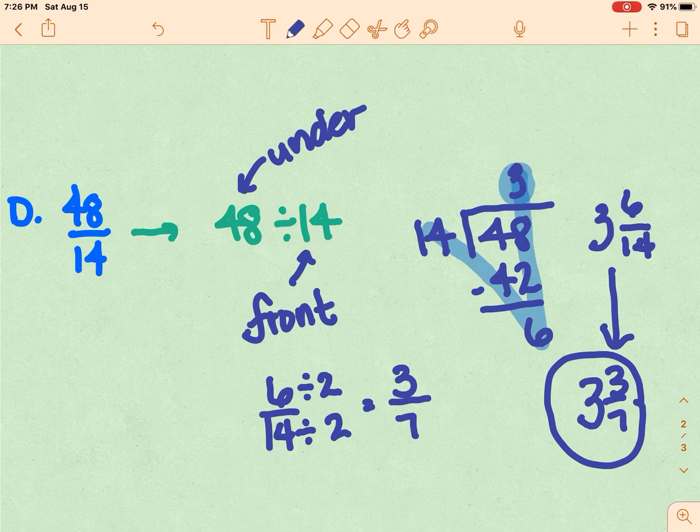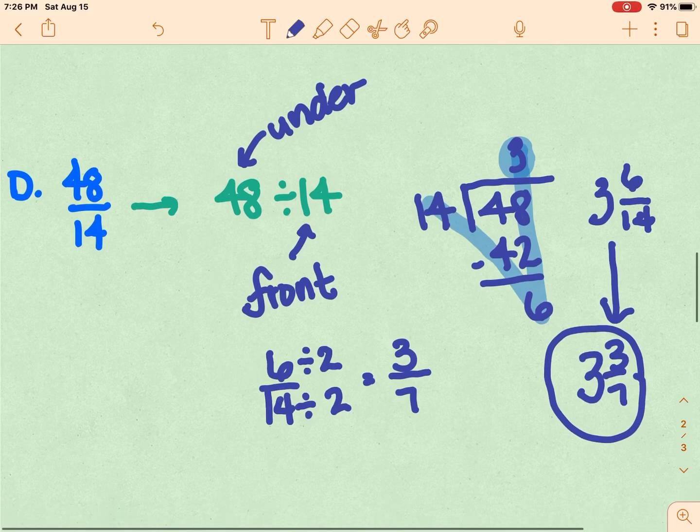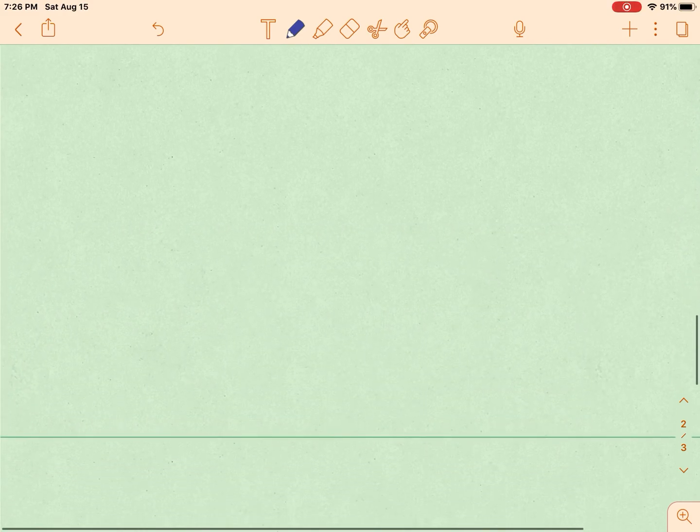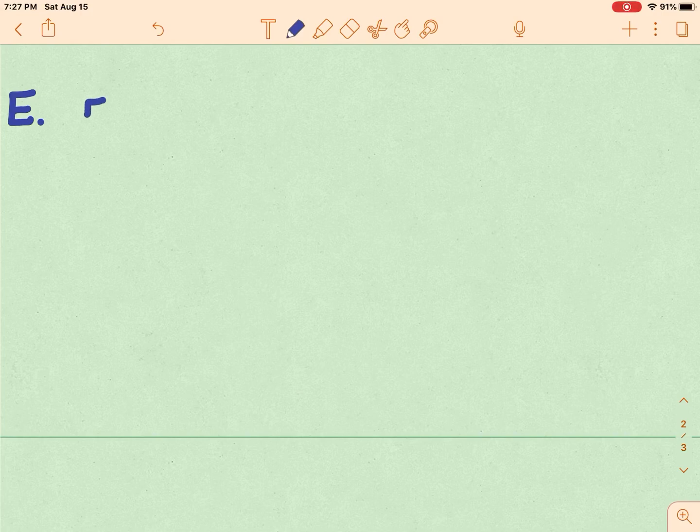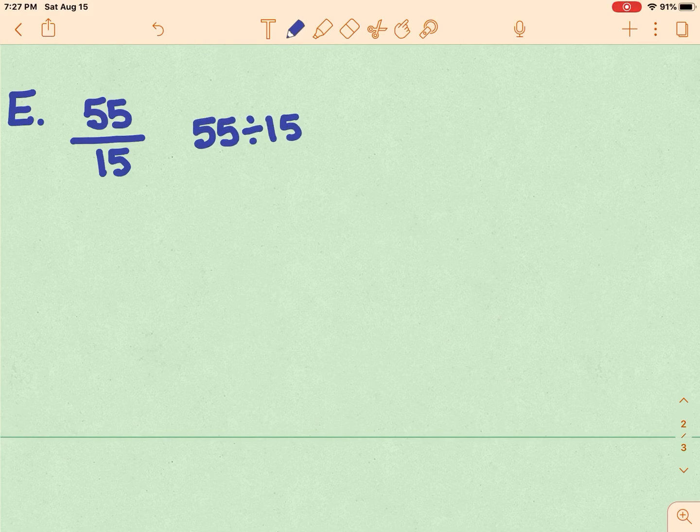Okay. The next one I'm going to give you, let's try one more that's a little bit more of a reducing one. And then I'm going to have you try one on your own, a little bit of guided practice. So here's my next one. So 55 over 15. So if I go set this up, there's my division bar.